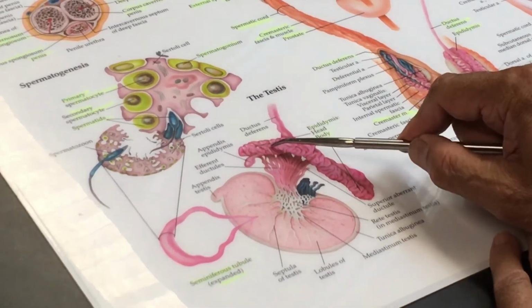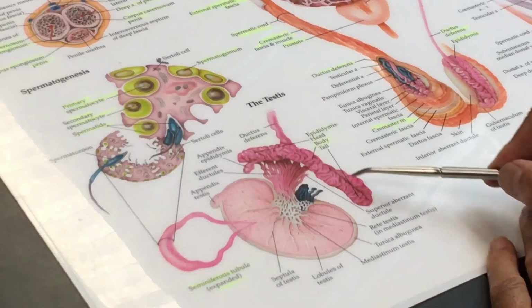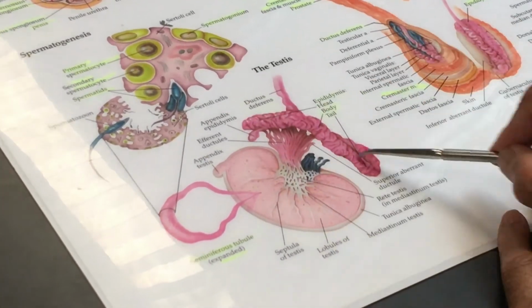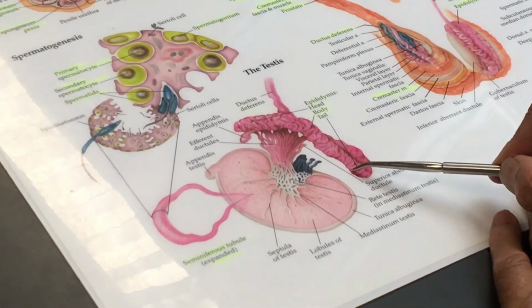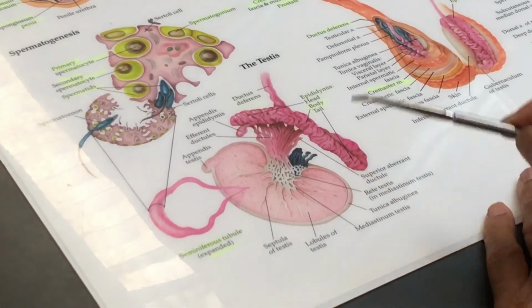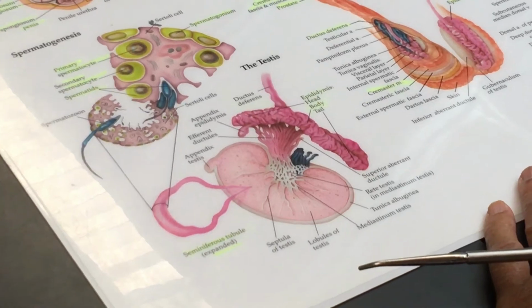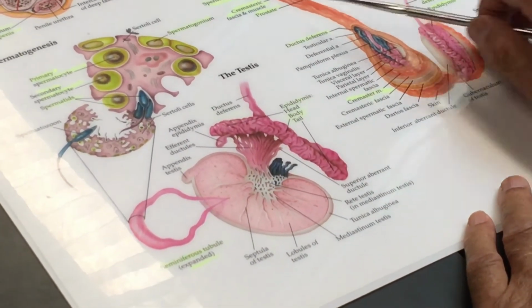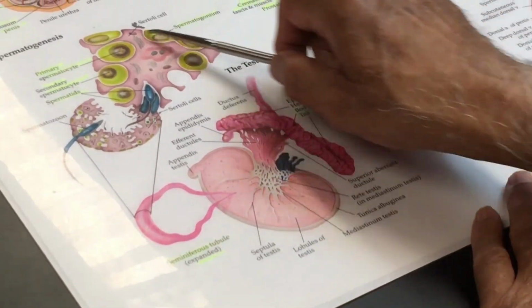The head of the epididymis, the body of the epididymis, the tail of the epididymis. This will be about how many feet long? 20 feet long. When you take a section through a seminiferous tubule, you will see the spermatogenic cells.